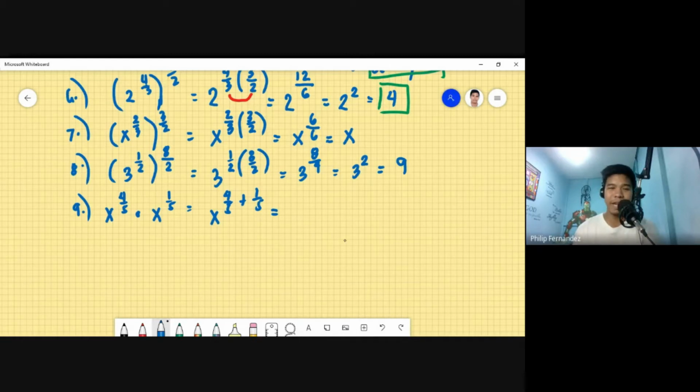So in this manner, we have x raised to 4 plus 1 is 5. Tapos kokopyahin nyo lang yung denominator. So magiging x raised to 5 over 5. And then you simplify, 5 over 5 is 1. So your answer is x na lang.